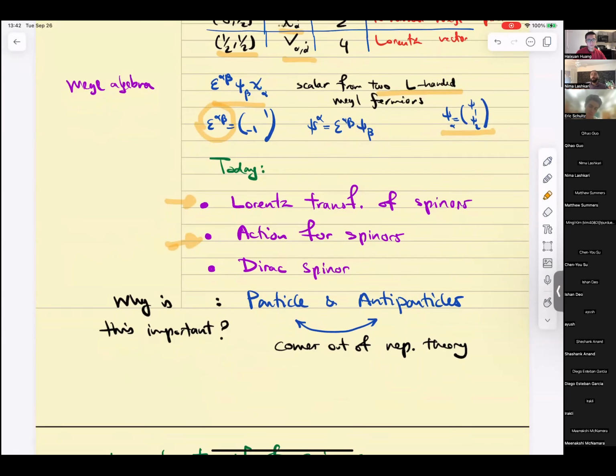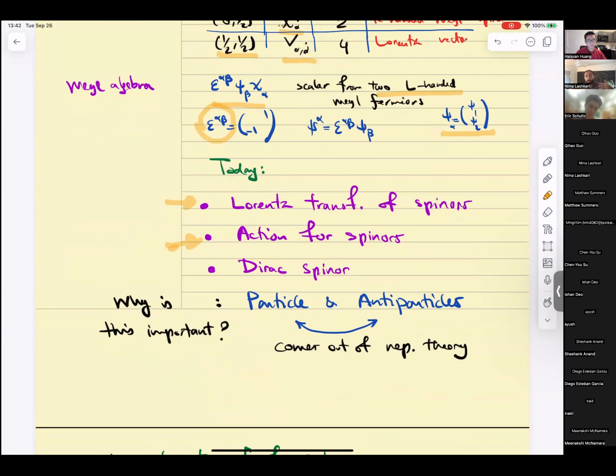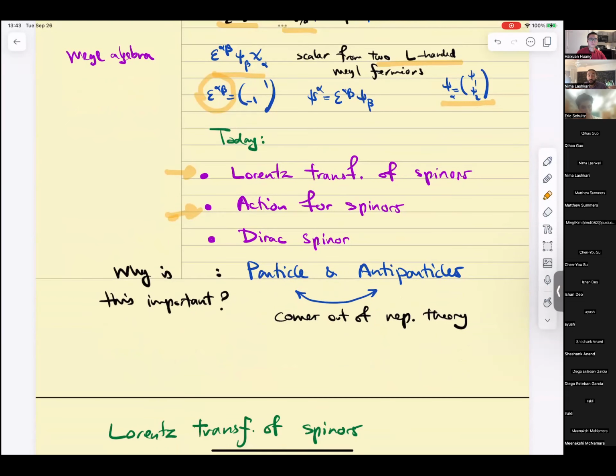Now, why are we doing all of this? In the past, I told you that in the next part of the course, when we talk about representation theory, irreducible representations are going to become particles coming out of fields, right? The field picture. The point here is that what comes out of the representation theory of the Lorentz group is this observational thing we have seen in our universe, that particles come with antiparticles. So the detail of this representation theory is important.